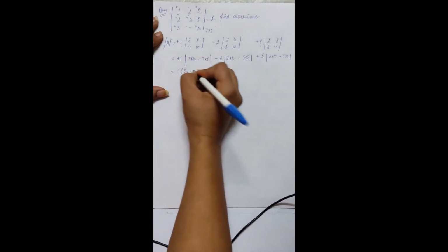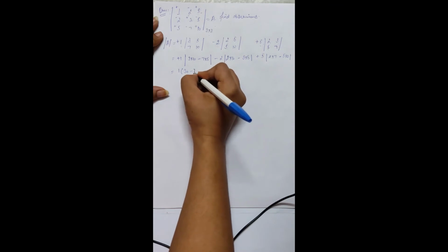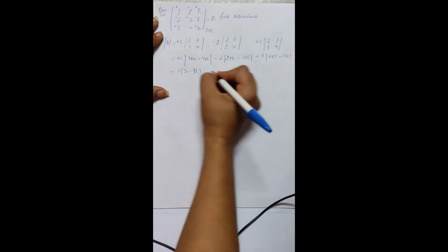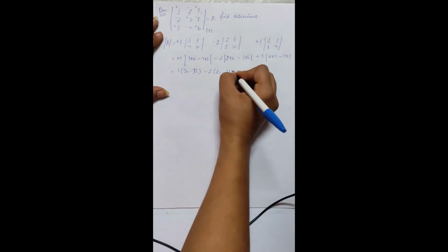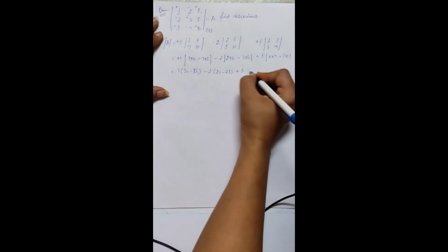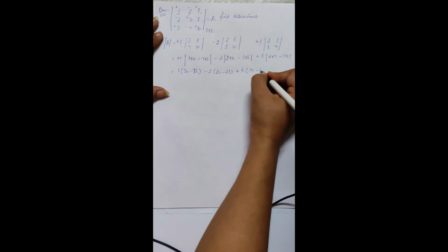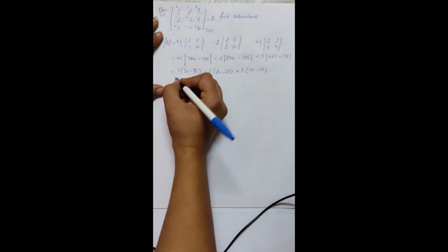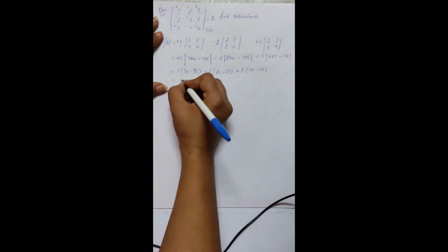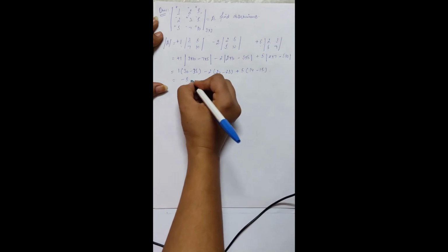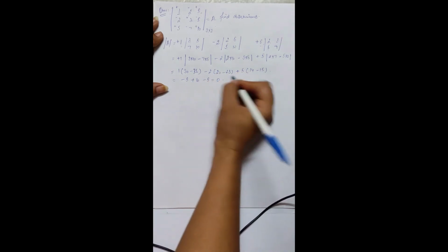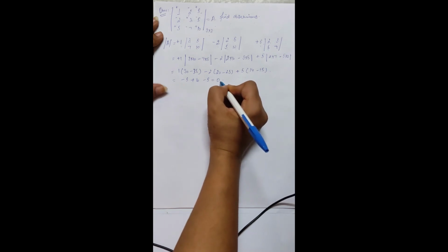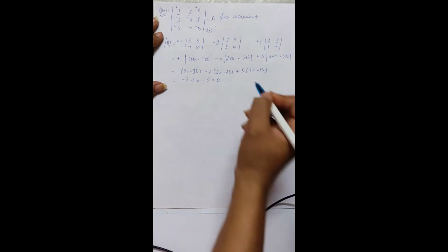So 30 minus 35, minus 2 times 20 minus 25, plus 5 times 14 minus 15. What will I get? Minus 5 plus 10 minus 5 is equal to 0. So the value of the determinant here is 0.